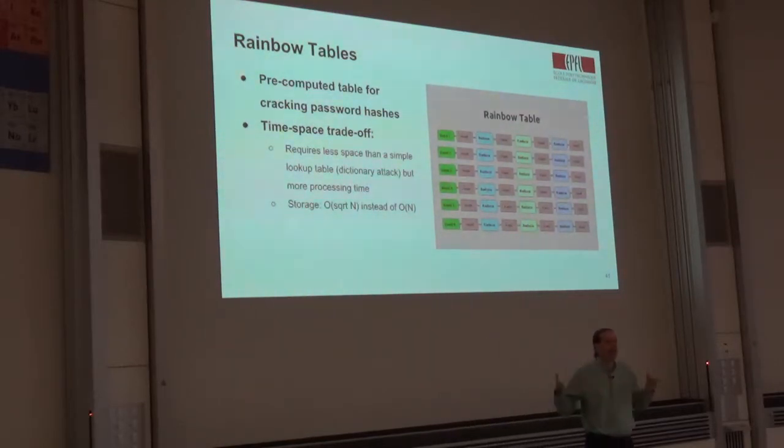So this is asymptotically really a huge reduction in the amount of storage you need to actually use a dictionary-based attack against passwords. So how does a rainbow table work?